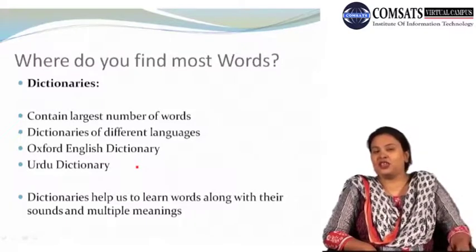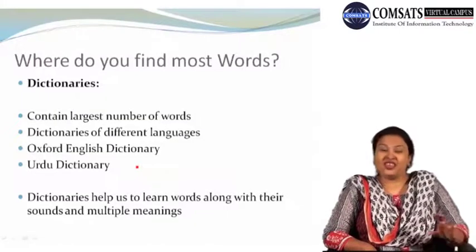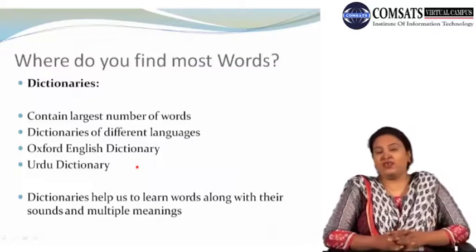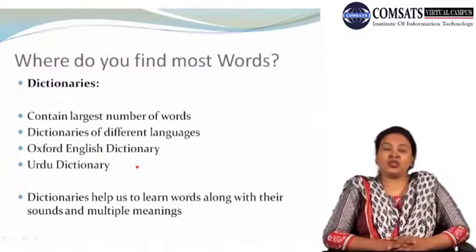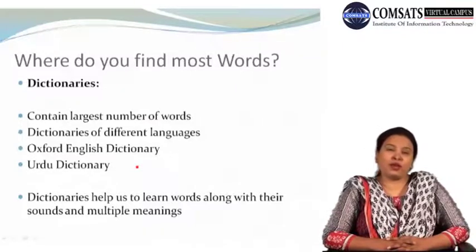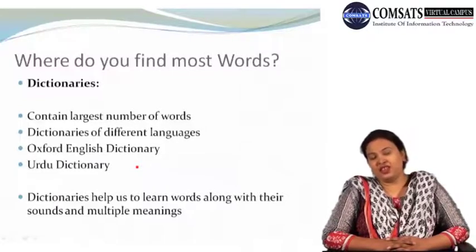The exact pronunciation is dictionary. So dictionaries mean sources of words. They contain the largest number of words with respect to a language. We cannot find the maximum number of words anywhere except inside the dictionaries.